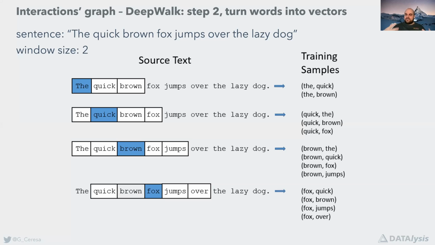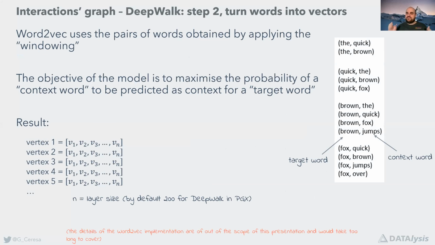Applying this approach to text, you generally find the semantic meaning of words just because of where they are located and what the words next to them are. This is how Word2Vec works. Once I have these pairs of words, the idea is to find which context word, the one on the right, better describes the target word, the one on the left. For example, for fox, I have to find which one among quick, brown, jumps, and over describes it the most.